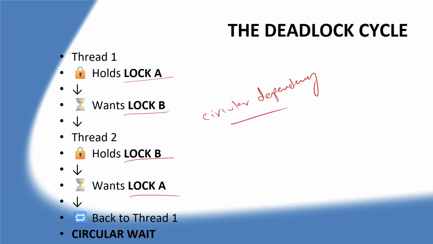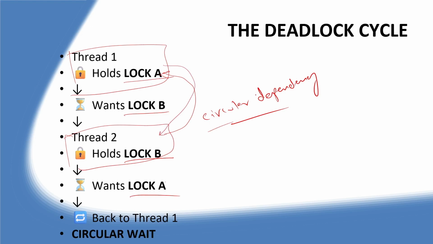Thread 1 is acquiring lock A and thread 2 is acquiring lock B, but thread 2 needs lock A and thread 1 needs lock B. So both are in circular dependency. For either thread to continue, the other thread must release a lock. If either thread releases its lock, the other thread can use it. But both are waiting for each other's lock while holding their own. This circular waiting pattern is one of the key signs of a deadlock.